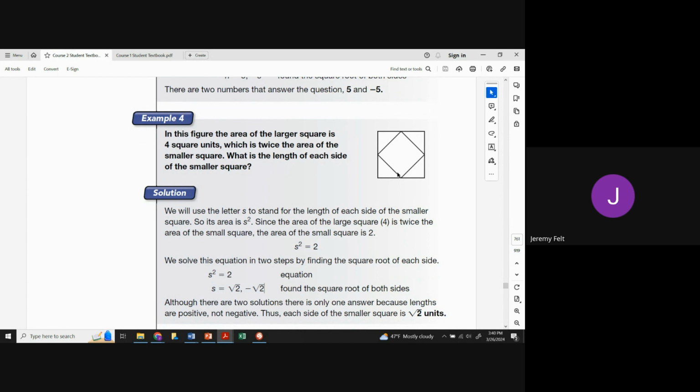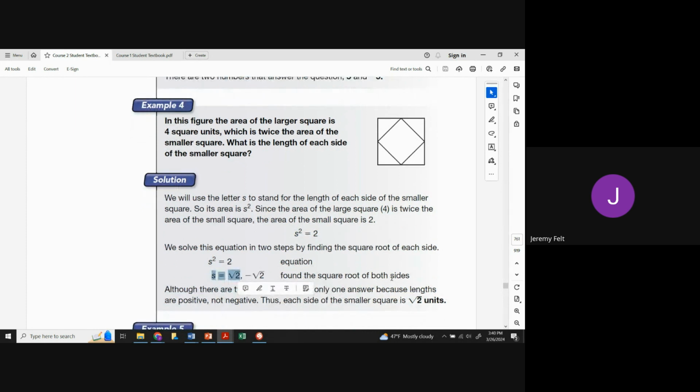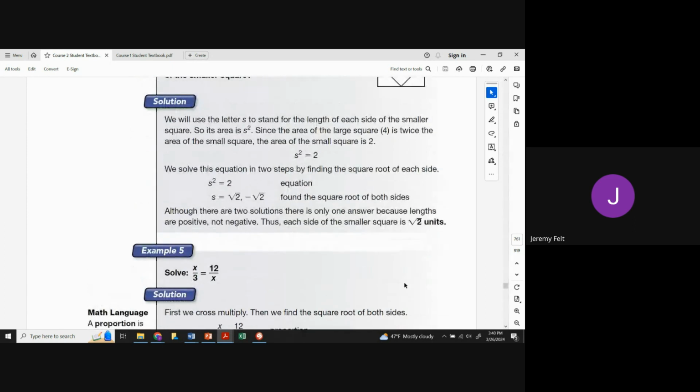So I can't draw a square and measure negative 2 inches or negative square root of 2 inches or centimeters or feet. So we don't use this in some real world examples because it just doesn't make sense. So side length can be the square root of 2. It's irrational, so we'll just leave it as that. So that is our answer.